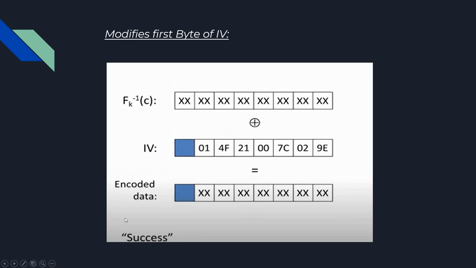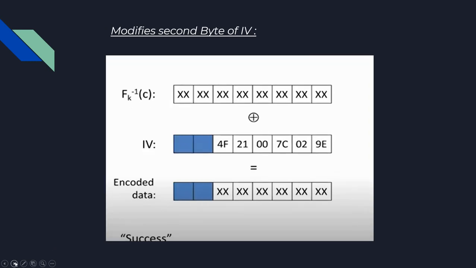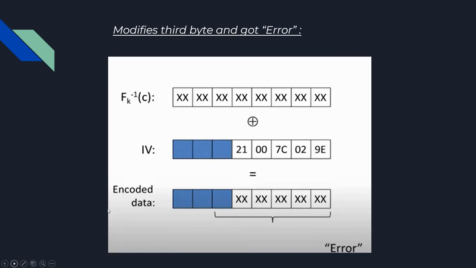Now the attacker will modify the first byte of the initialization vector to see whether the padding oracle throws an error or not. Let's assume that in this case also the padding oracle doesn't throw an error and says that the underlying message is correctly encoded. Again, the attacker modifies the second byte and gets success. But when the attacker modifies the third byte, the padding oracle will throw an error that the underlying message is not correctly encoded.